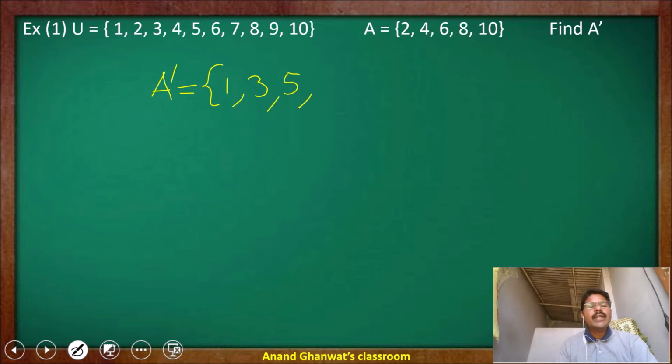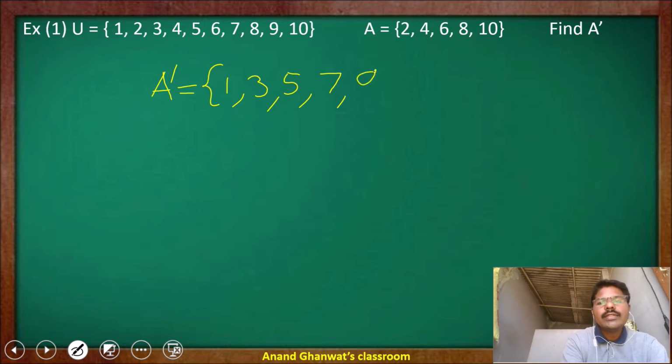6 is present in the universal set that is also present in set A. 7 is present in the universal set, not present in set A, therefore 7 is here. 8 is present in the universal set that is also present in A. 9 is present in the universal set that is not present in set A, therefore 9 is here.